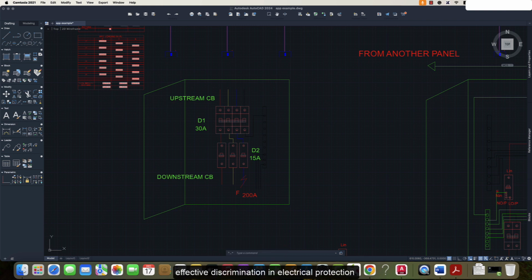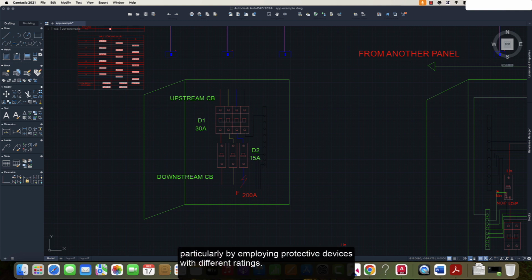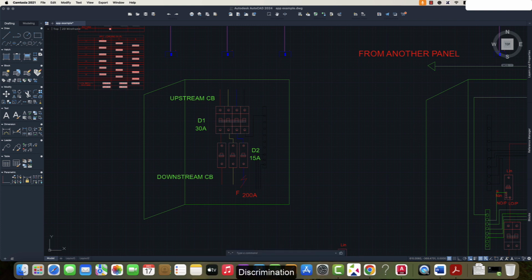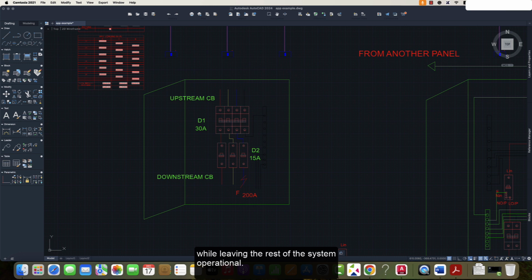Effective discrimination in electrical protection can be achieved through the use of graded protection, particularly by employing protective devices with different ratings. Discrimination refers to the ability to selectively isolate a fault in the electrical system, ensuring that only the minimum necessary portion is disconnected while leaving the rest of the system operational.